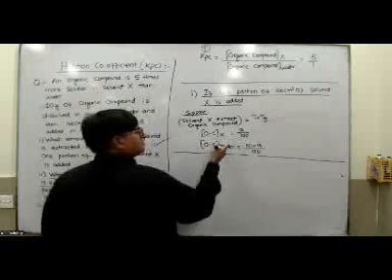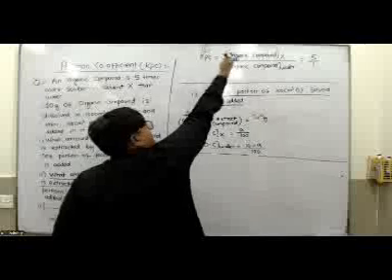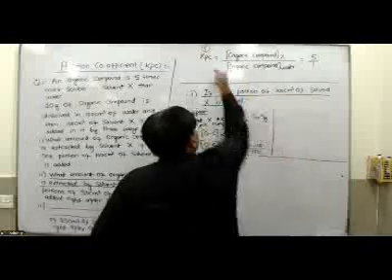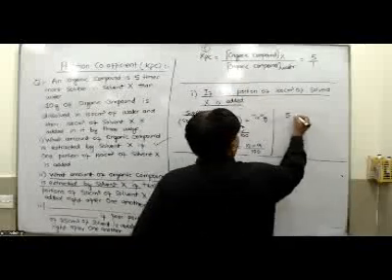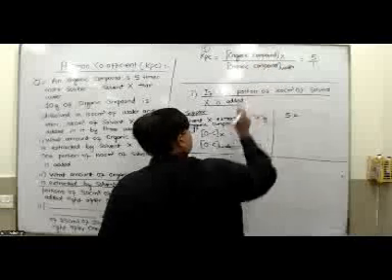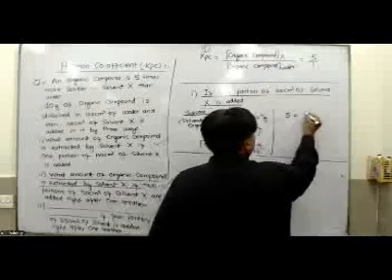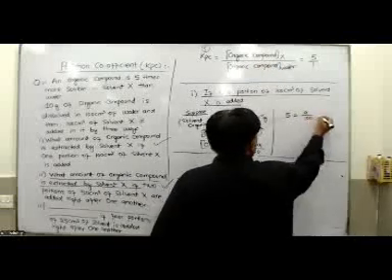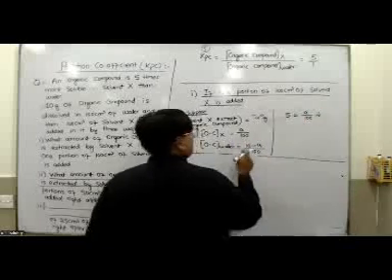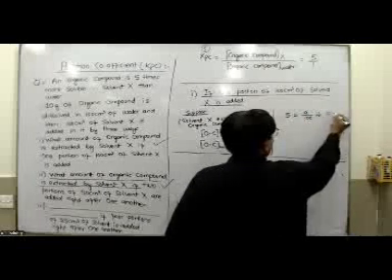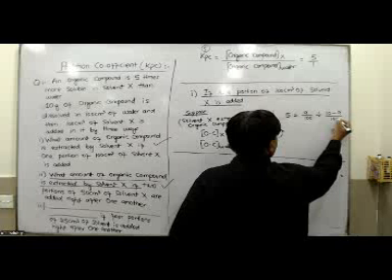Now put these values in this question. The value of KPC is 5. Organic compound concentration in X is A over 100, divided by 10 minus A over 100.